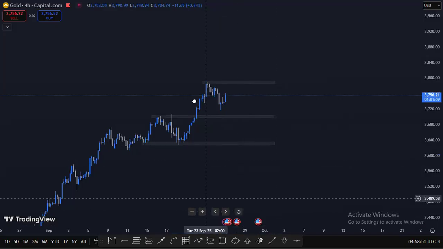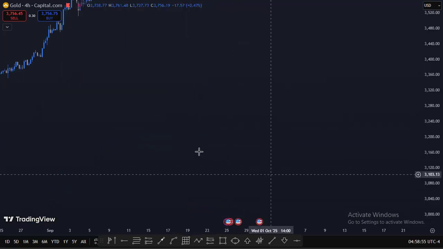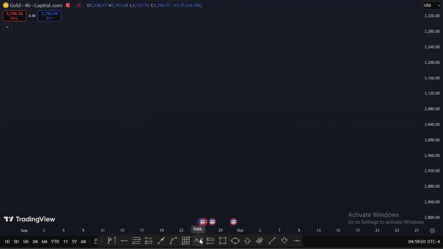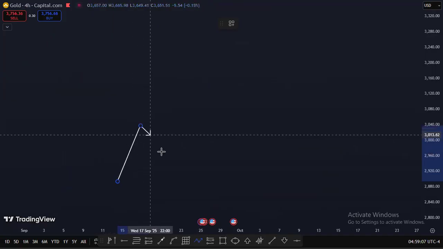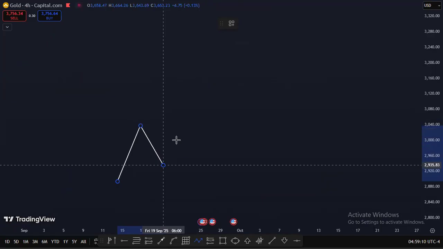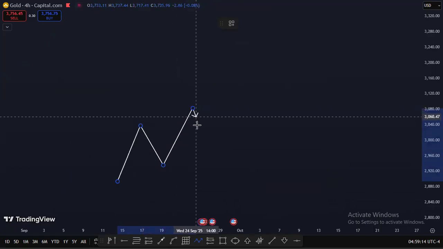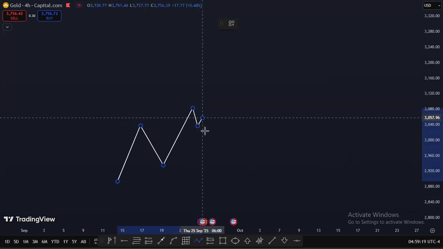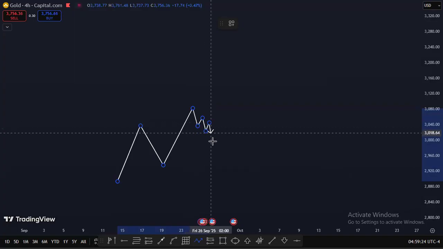For example, let me just illustrate it for you. This right here is clearly an uptrend. High, high, high, low, high, high. And of course, price won't move straight up perfectly like this. Price is obviously going to make those internal structures within the uptrend.